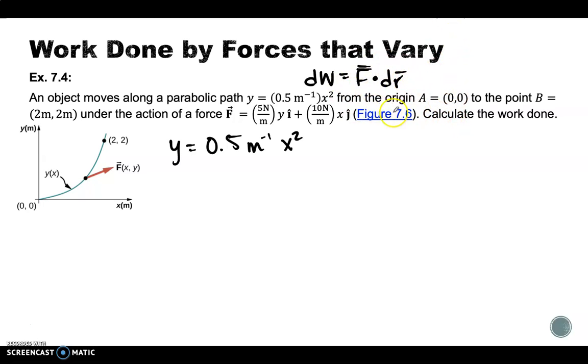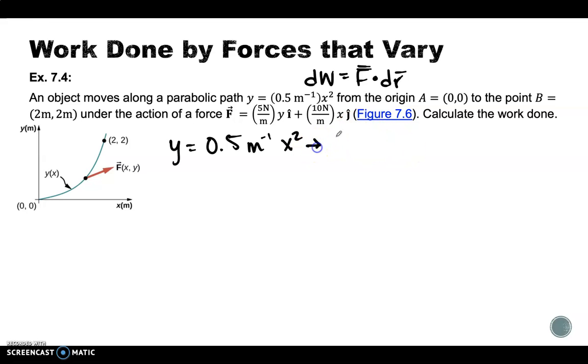So we can use this understanding in order to solve this problem. So what we'll do is we'll go ahead and take our derivative of this equation. That way we have it in terms of dr.